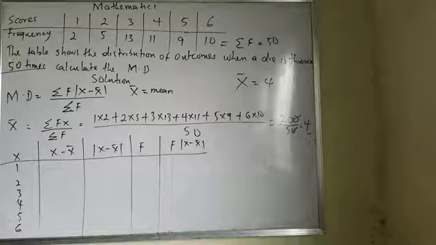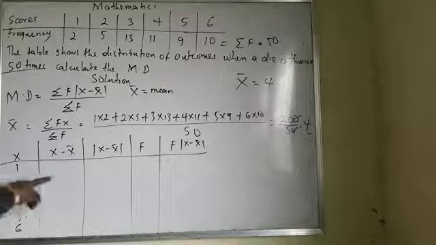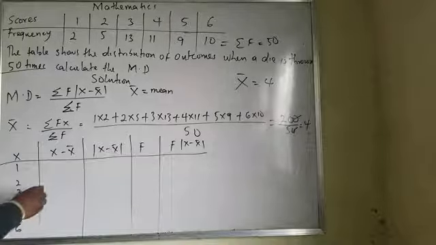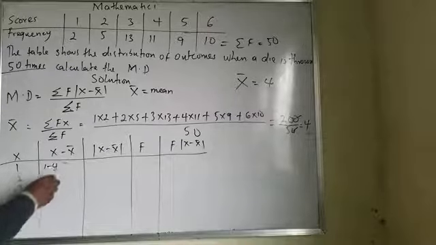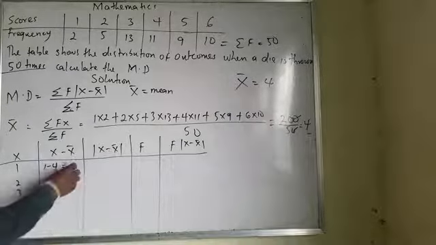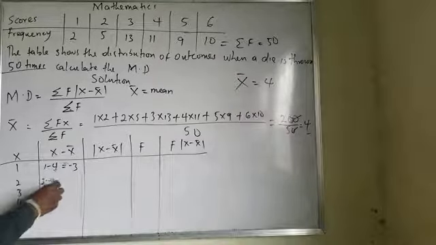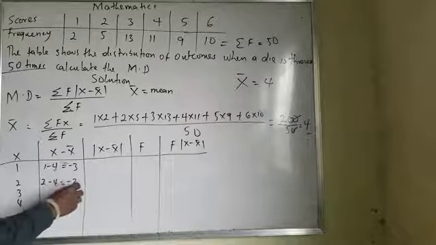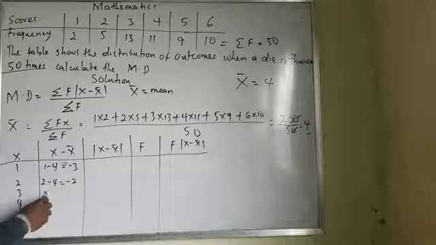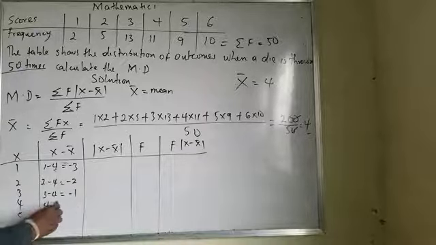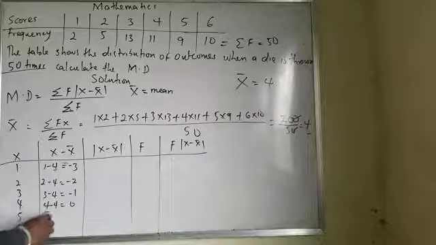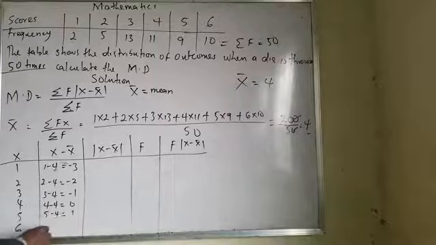And x minus x bar: 1 minus 4 is minus 3. 2 minus 4 is minus 2. 3 minus 4 is minus 1. 4 minus 4 is 0. 5 minus 4 is 1. 6 minus 4 is 2.